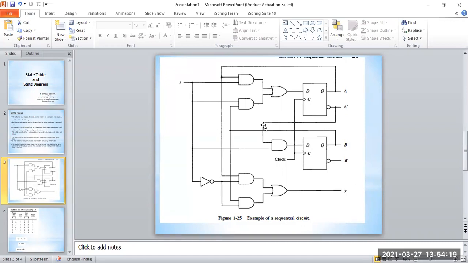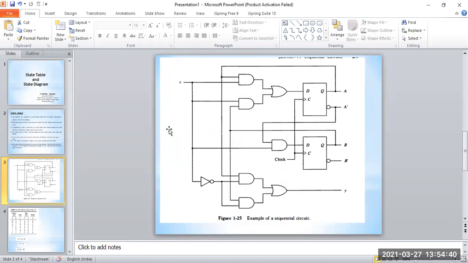In order to understand the state table, first we should understand the sequential circuit diagram. We know that a sequential circuit is made up of inputs, outputs, and flip-flops.